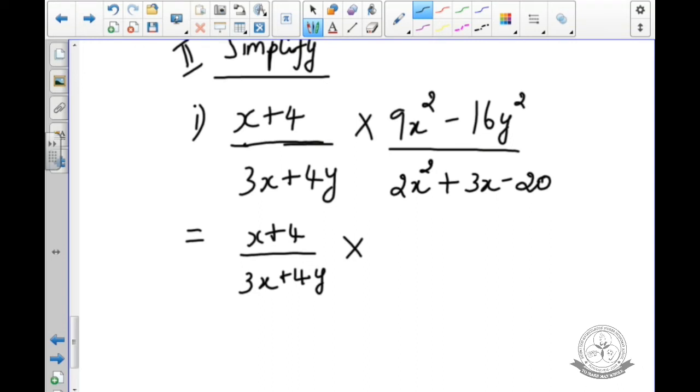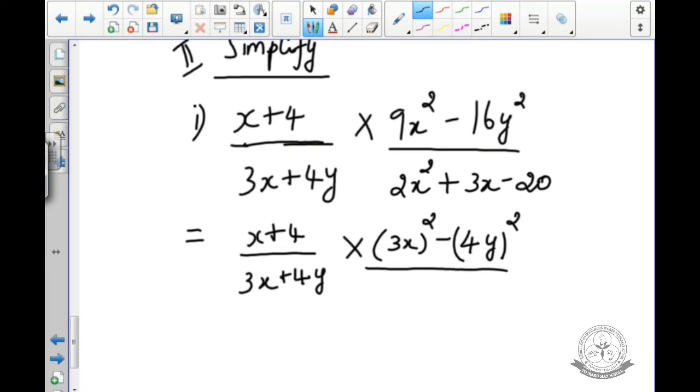So the variables alone having the term like that. The numbers we want to convert into 3x the whole square minus 4y the whole square. Then only we can split the term, right?